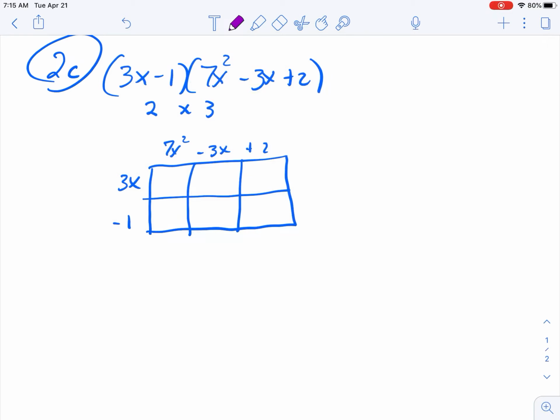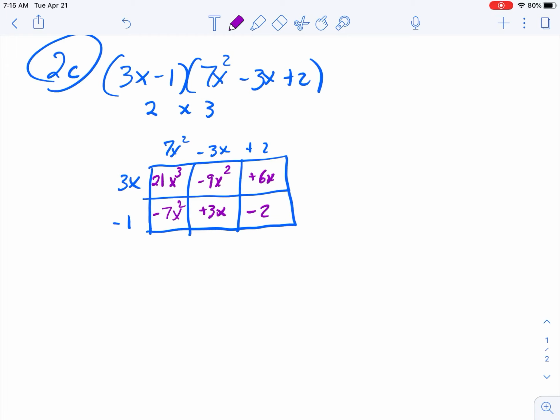So there we go. So start multiplying out. So you have 21x cubed minus 9x squared and plus 6x. You notice sometimes you can always have patterns there. Next row here, minus 7x squared plus 3x minus 2.